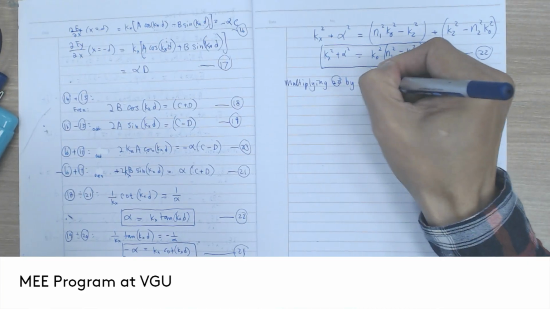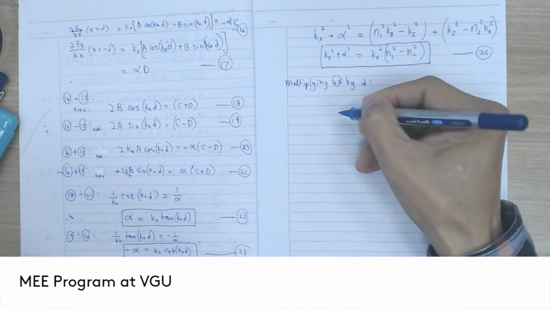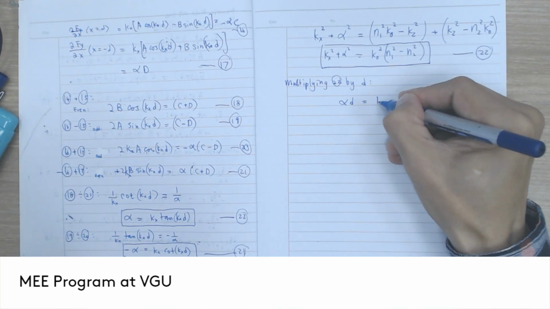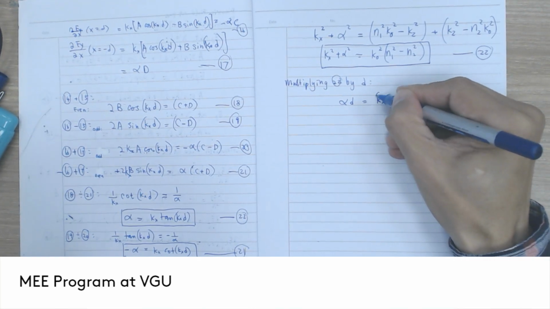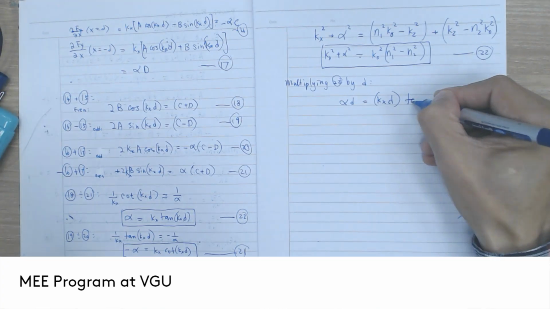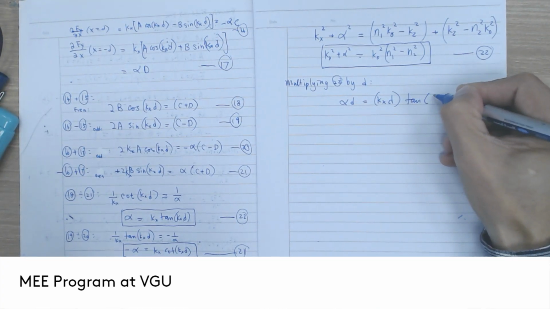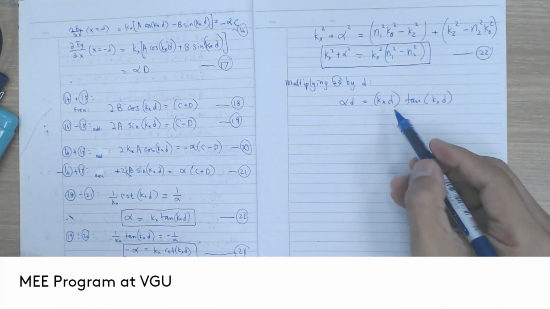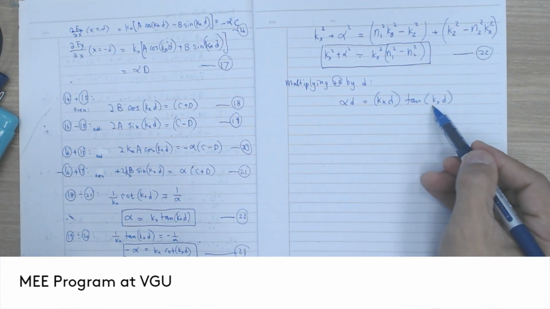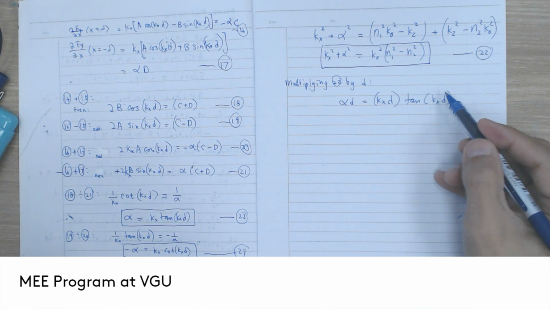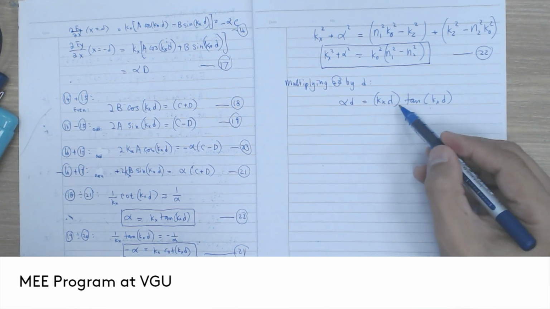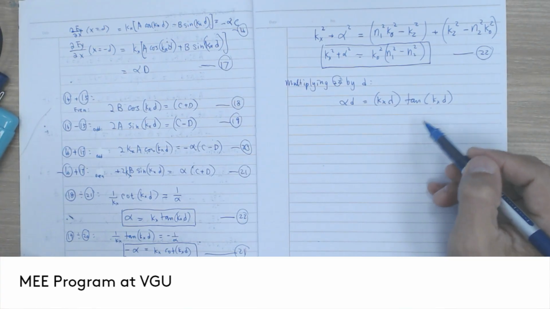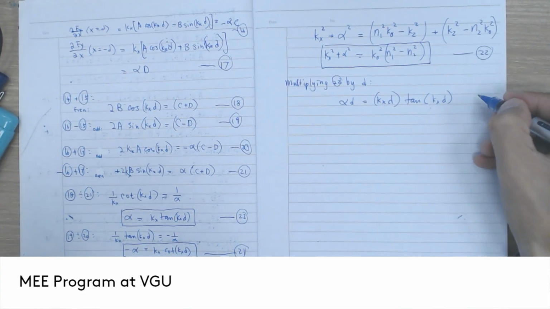Then this will become alpha d equals kx d tangent kx d. So now the argument for tangent is the same as the coefficient, and this is the number 1 important thing.